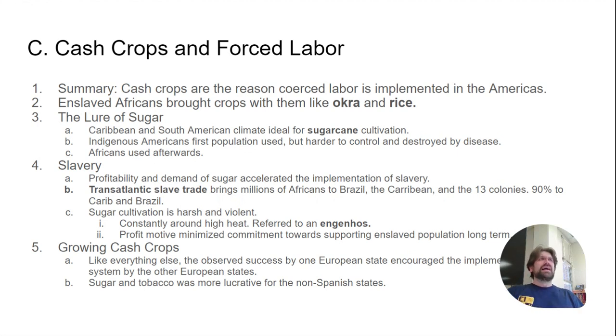And so sugarcane work was highly dangerous. It would not be uncommon for someone to be maimed or injured as a consequence of working in sugarcane cultivation, or worked to such a point of exhaustion that they died of exhaustion. So this was highly dangerous and damaging work that Africans were brought into doing.